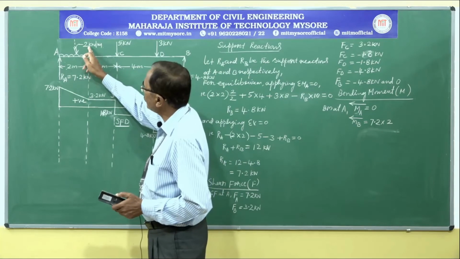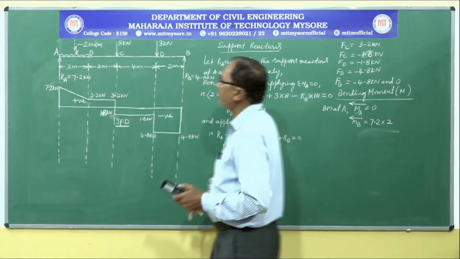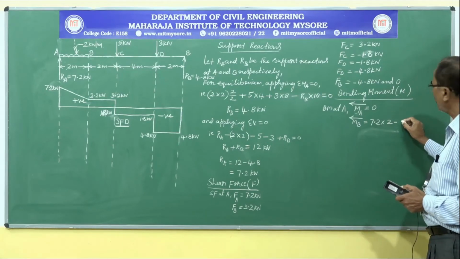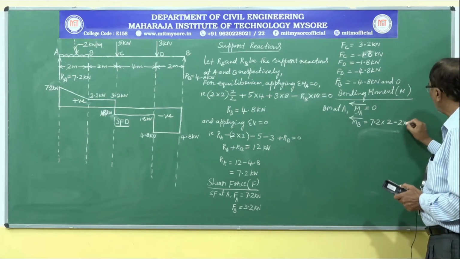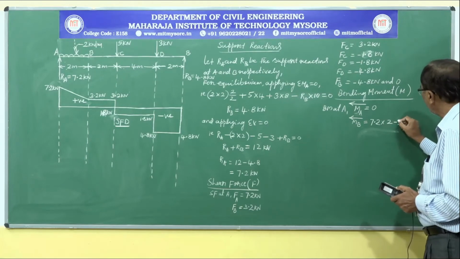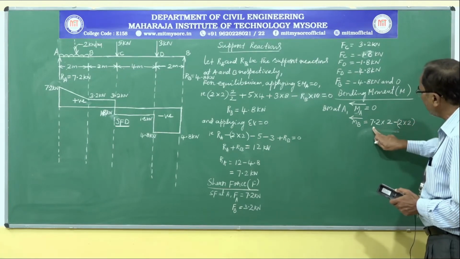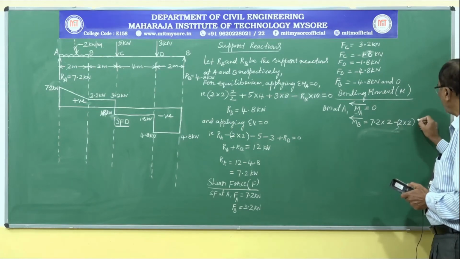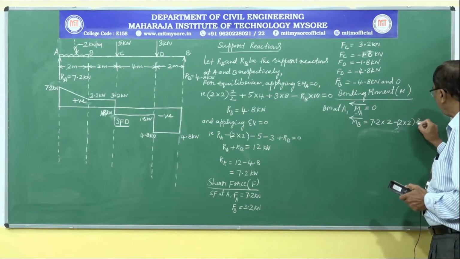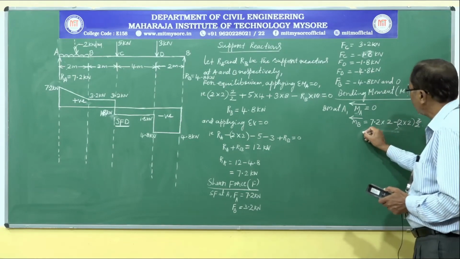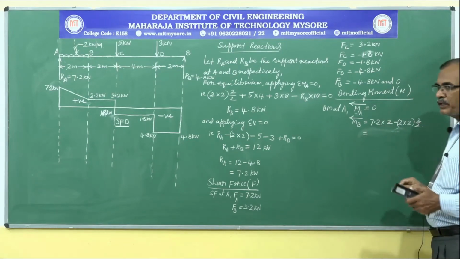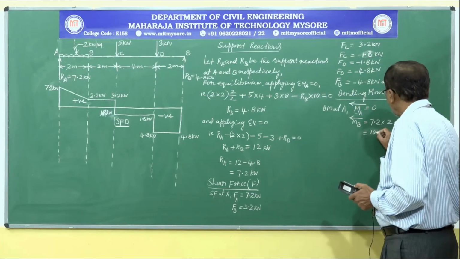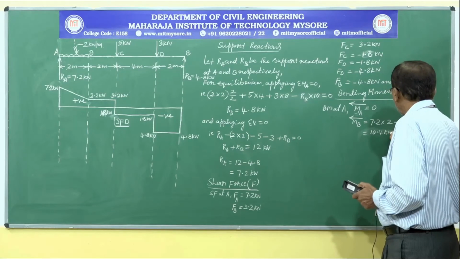At point B, this 2 kilonewton UDL is also creating a bending moment, and it is negative: minus 2 into 2, as we consider clockwise as positive, automatically anti-clockwise will be negative. 2 into 2, and it is acting at the midpoint, 2 by 2. So this works out to be 10.4 kilonewton meter.